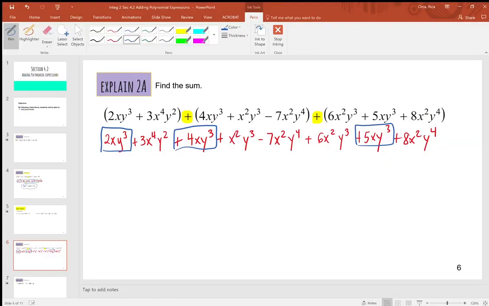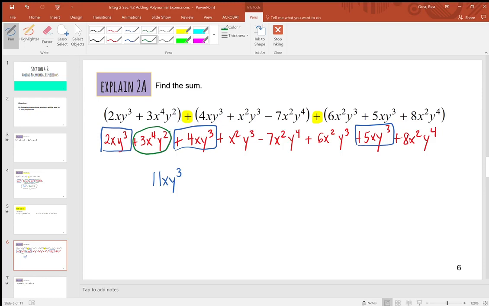So now let's go ahead and just combine the coefficients. 2 plus 4 plus 5 is 11. 11xy to the third. Now let's go ahead and combine our next set. So our next set is 3x to the fourth y squared.